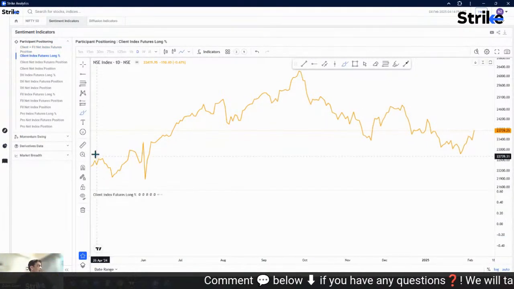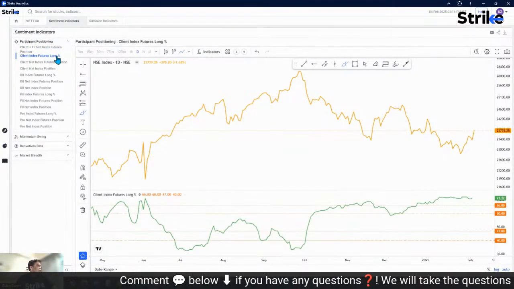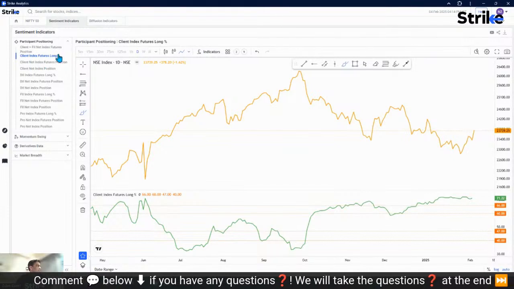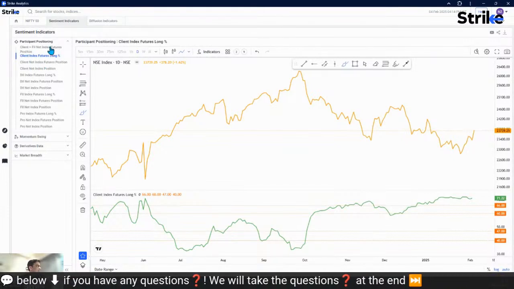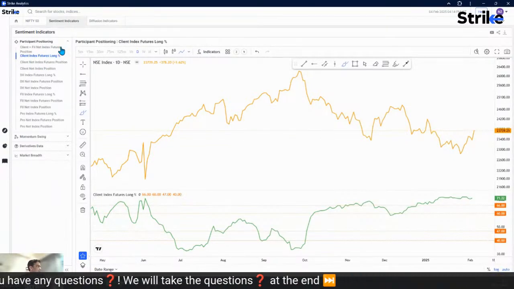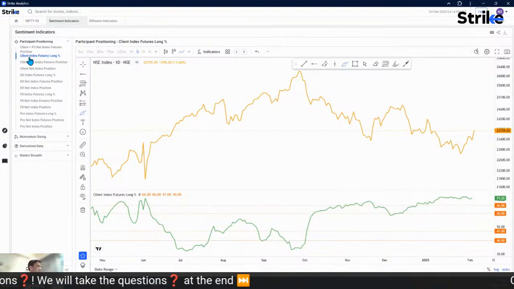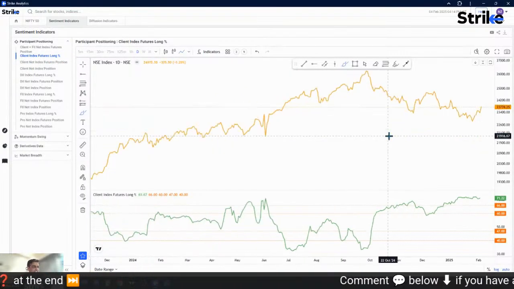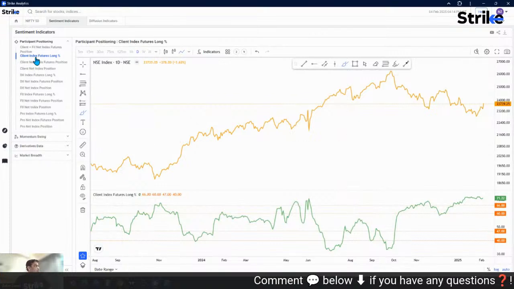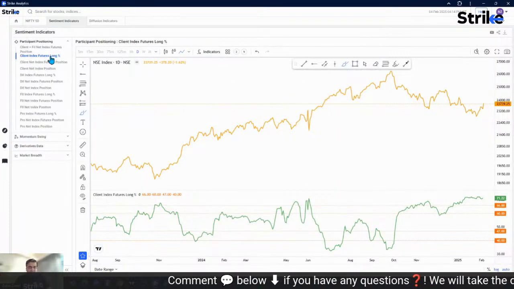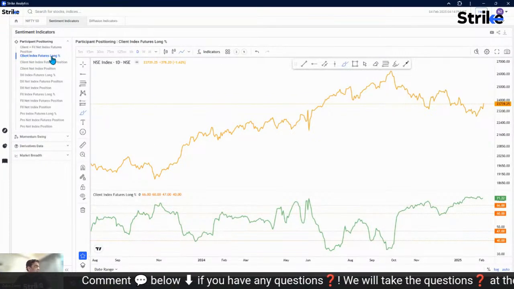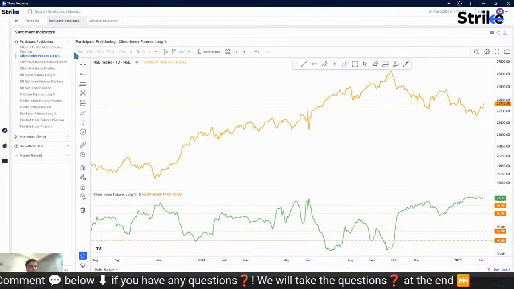Let's look at client index futures long. So in percentage, this was the client plus FII index futures actual position. Now this is client index futures long in percentage. When we are talking about only the client index, here there is no FII or DII. This is only the client, that is the retail people.